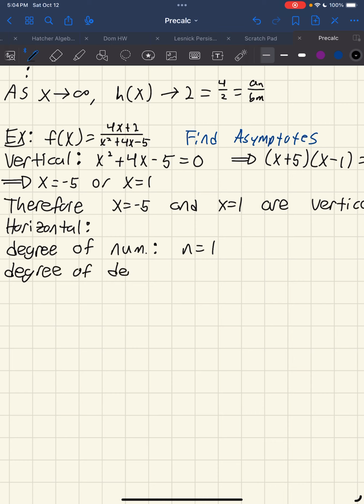The degree of the denominator is 2, because we have x squared, x to the 1, and then a constant term, so m is 2. So we're in a case where n is less than m. 1 is certainly less than 2.